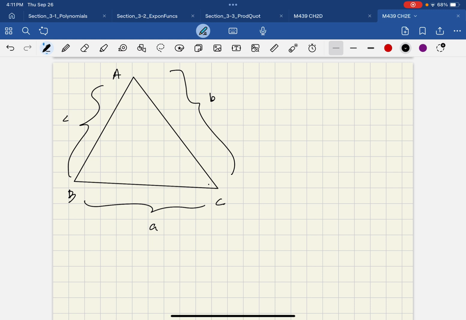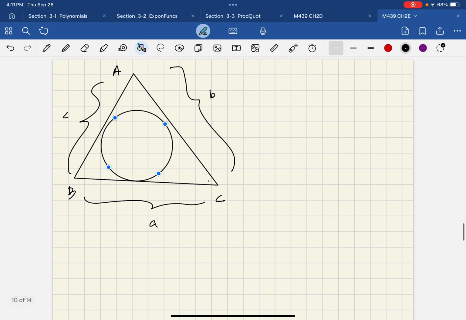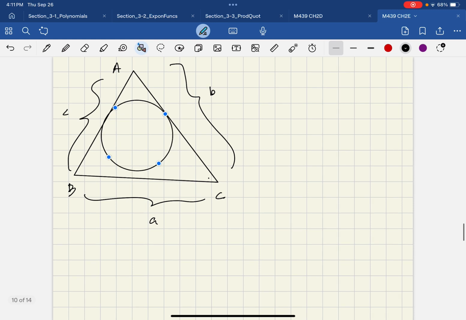We think that there's an incircle inside here. See if I can get it just about right. There we go.